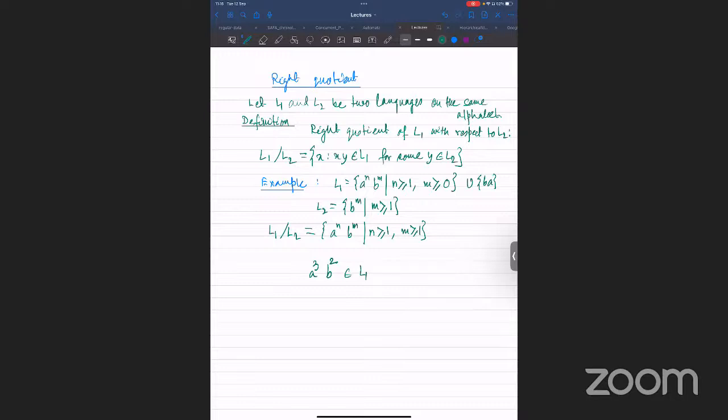now, does it have a suffix which is in L2?